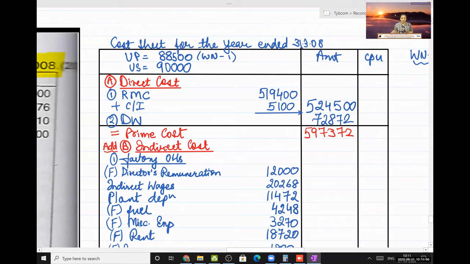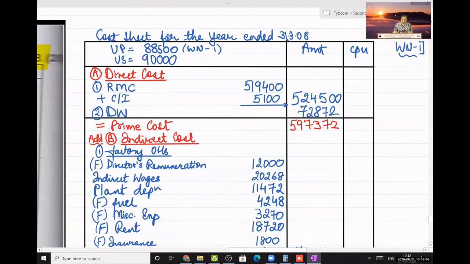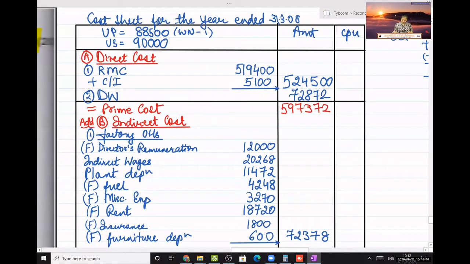Then add all your indirect wages. Indirect wages first is factory. And there is this big list of factory. Write it down.